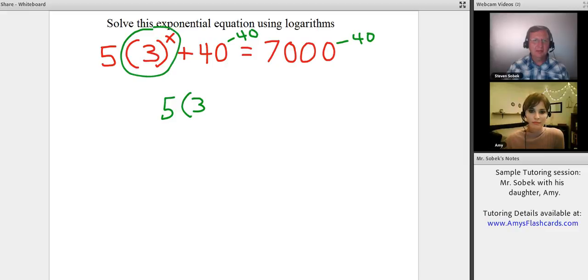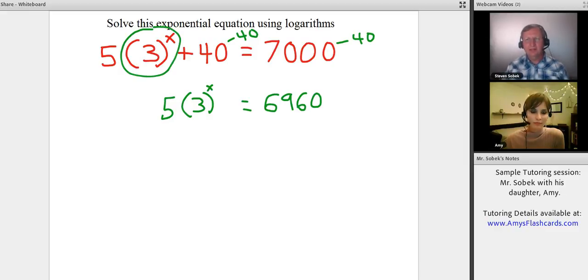And it doesn't matter whether this x is inside the parentheses or outside it. It's the same thing. Okay, and that will leave me with 6,960. Or you could just leave it 7,000 minus 40. You don't have to evaluate it since we're using a calculator ultimately. It doesn't matter. Proceed.